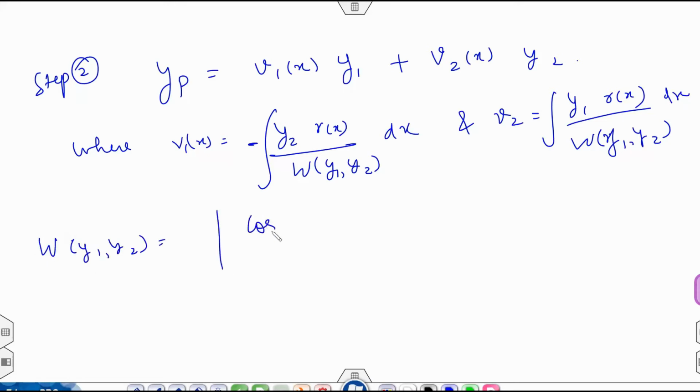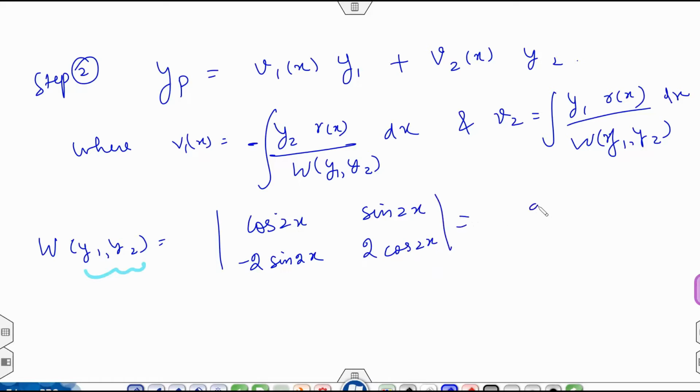This is cos of 2x, this is sin of 2x, these are y1 and y2. I'm just finding the Wronskian of y1 and y2. The derivative of cos 2x is minus 2 sin of 2x, and the derivative of sin 2x is 2 cos of 2x. So this will be equal to 2.